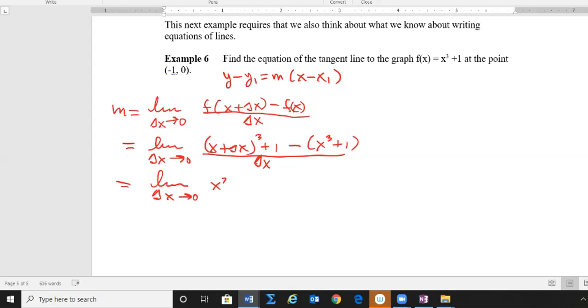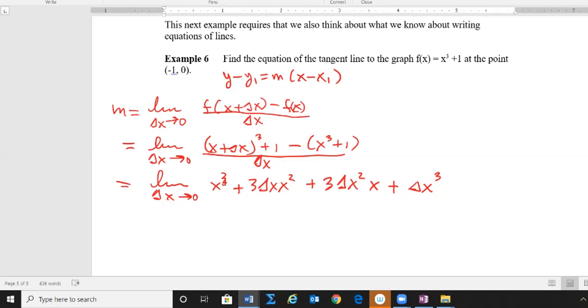So you're going to have an x cubed, plus a 3 delta x squared plus 3 delta x squared x plus delta x cubed.